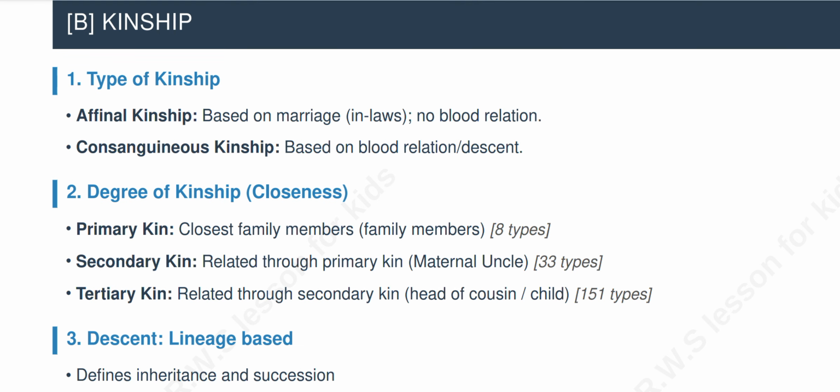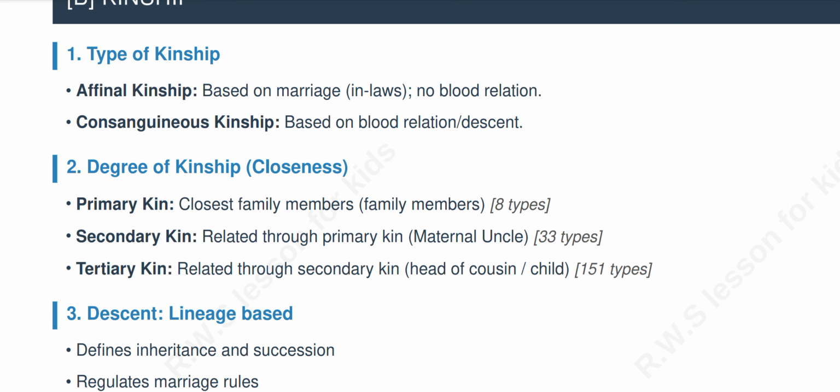The first is affinal kinship. It's based on marriage, in-laws, and we have no blood relations, right? For example, your husband's mother and father, those are in-laws. Next comes consanguineous kinship, which is based on blood relations, like your father, mother, siblings, all those.